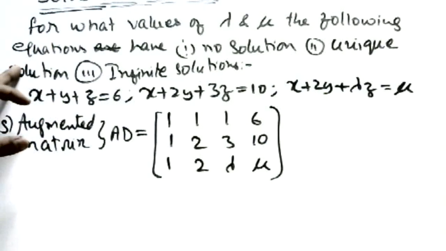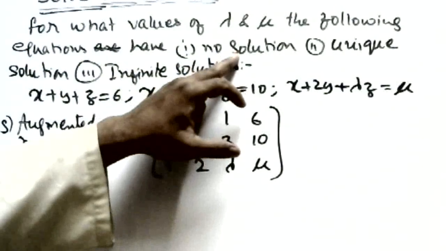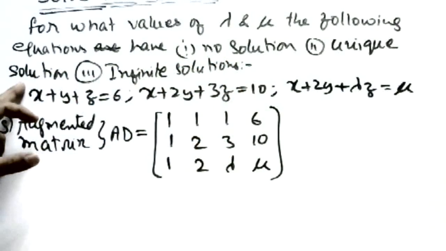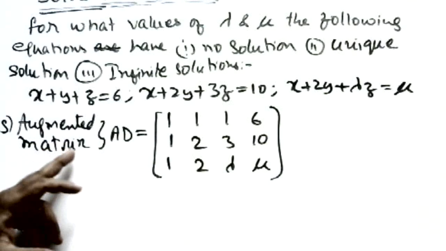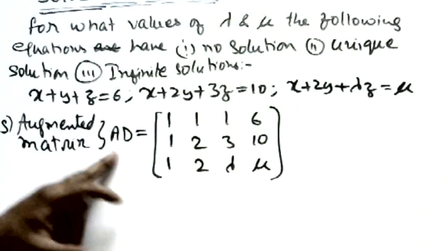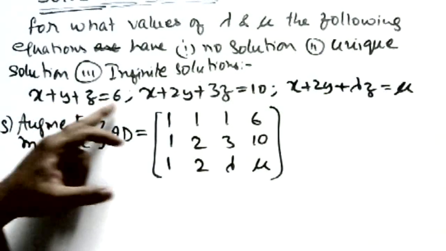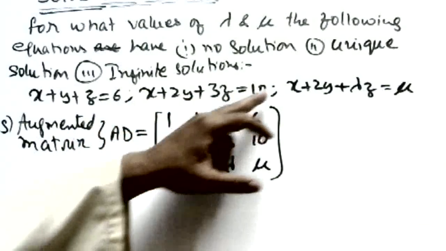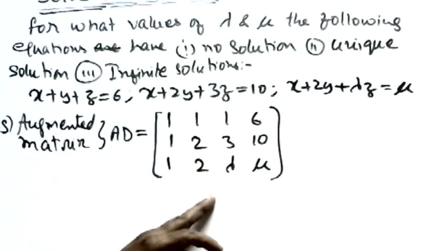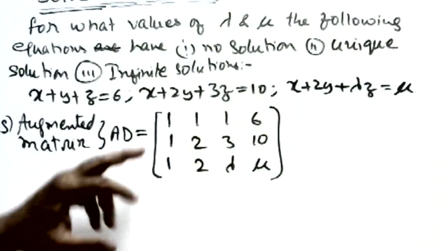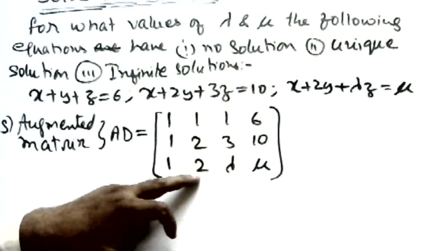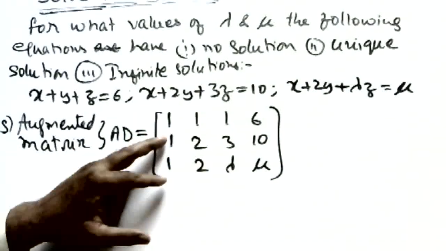For what values of lambda and mu do the following equations have no solution, unique solution, infinite solutions? Now watch carefully. Let me first write the augmented matrix. Its values are 1, 1, 1, 6, 1, 2, 3, 10, 1, 2, lambda. First let me make these two zeros and this zero.